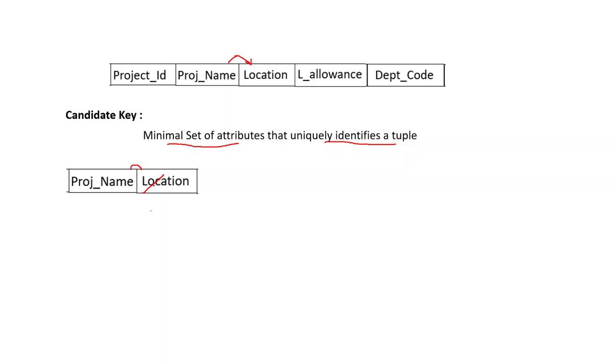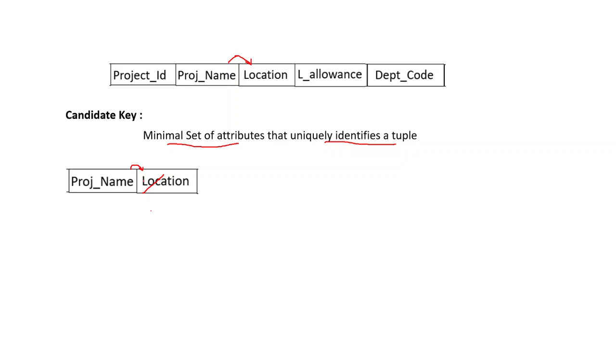Now, here we are not considering that all the projects are based in the same location. So, in that case, no. There might be two projects that have the same name. Probably the same project has been controlled by two different departments, and we have an entry for each of those projects. So in that case, your project name will not be sufficient to uniquely identify a tuple in a relation.